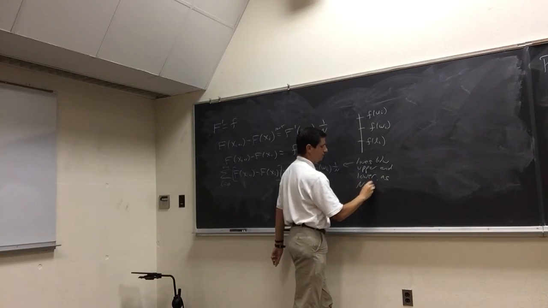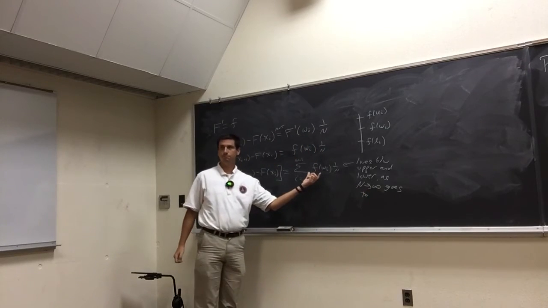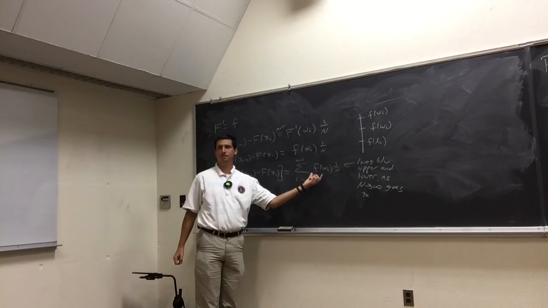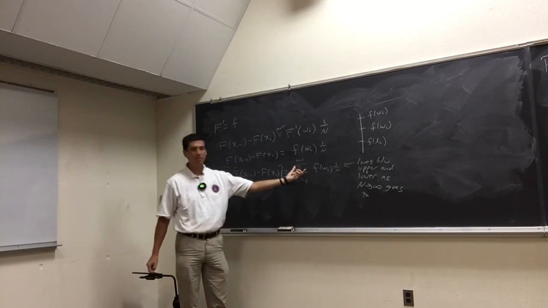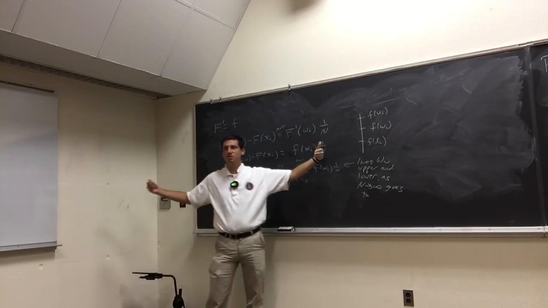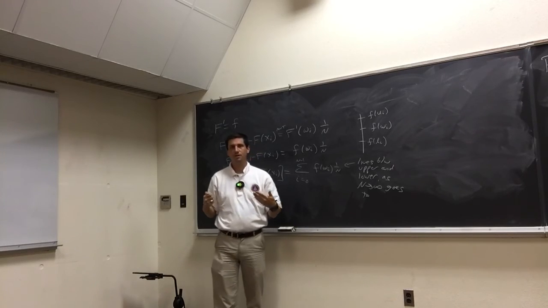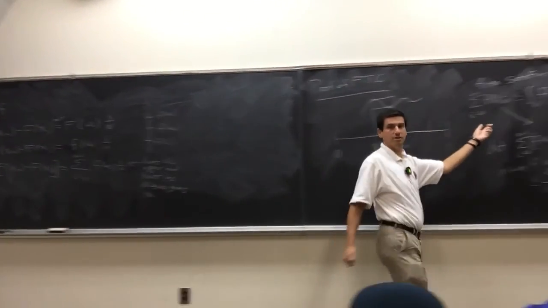As n goes to infinity, what does this go to? What must this go to as n goes to infinity? Not 0. This lives between the upper and the lower sums. What do the upper and lower sums converge to as n goes to infinity? The area.